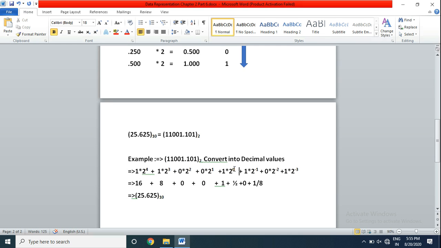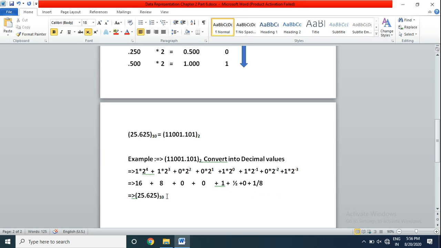Before the point value we start the power from 0, 1, 2, 3, 4, and after the point the powers are -1, -2 and -3. Then we solve this. 1 into 2 to the power -1 equals 1 divided by 2, and 0 remains 0, and 1 into 2 to the power -3 equals 1 divided by 8. Then we solve this, and our output is 25.625, with base 10.